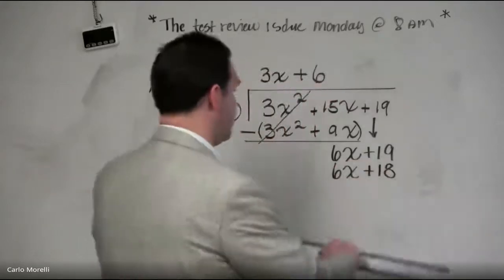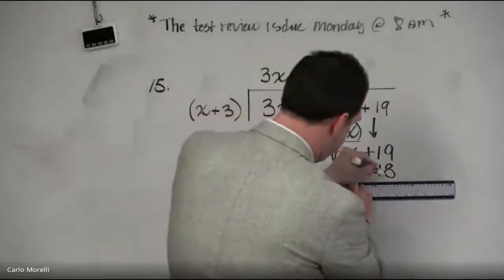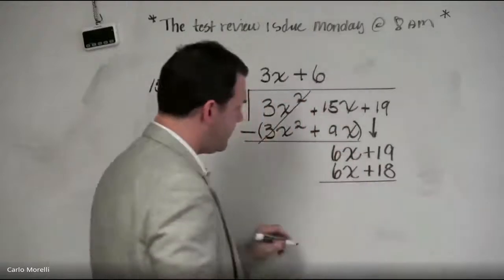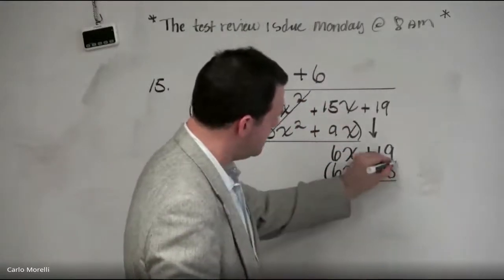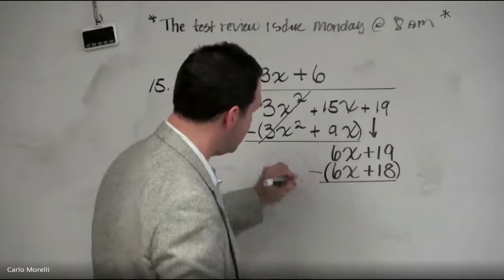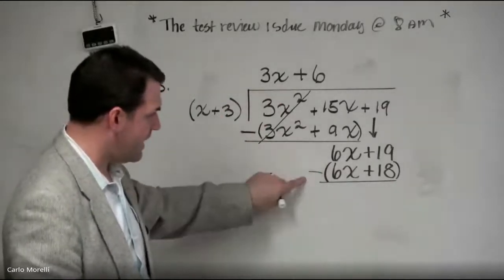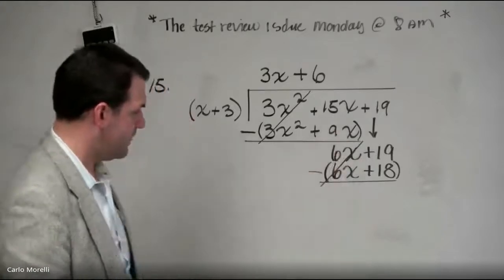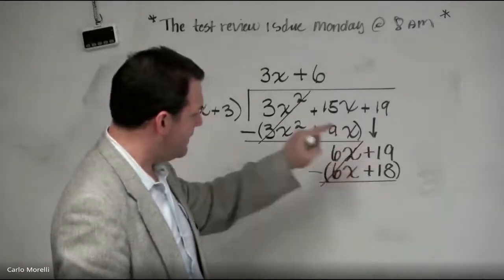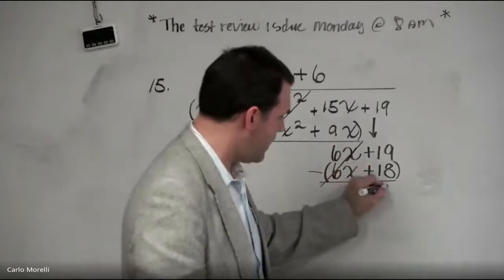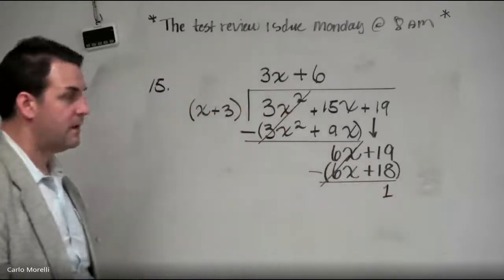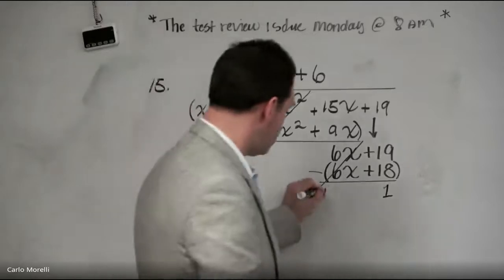Okay. Now, you're going to draw a line underneath. Put these in parentheses here and put a minus sign out front. Now we use our finger and our voice. 6x minus 6x cancels. 19 minus 18 is 1. This is a remainder, okay?